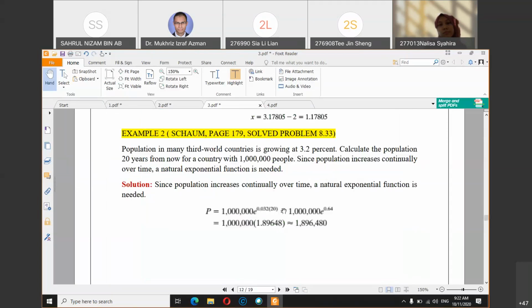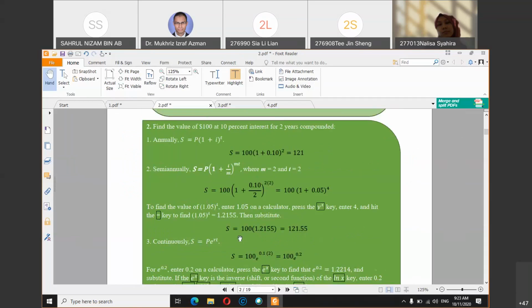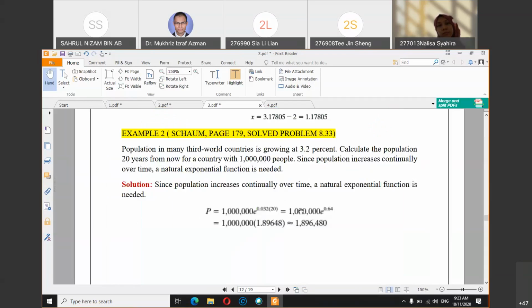This application is more on the continuous formula, how to find the return on investment or whatever value you plug in. You have annual, semi-annual, and continuous, and this one falls under the continuous formula.